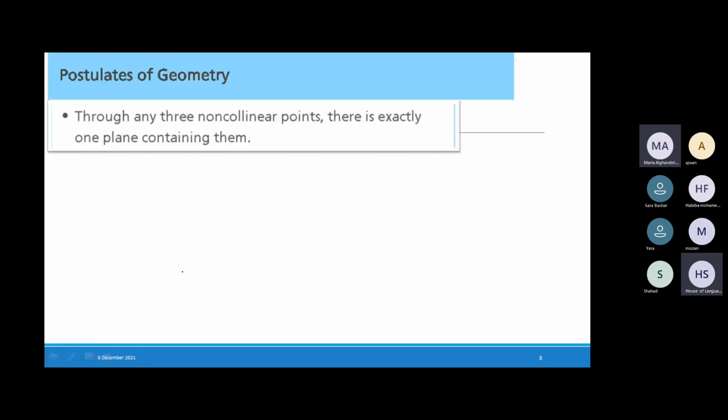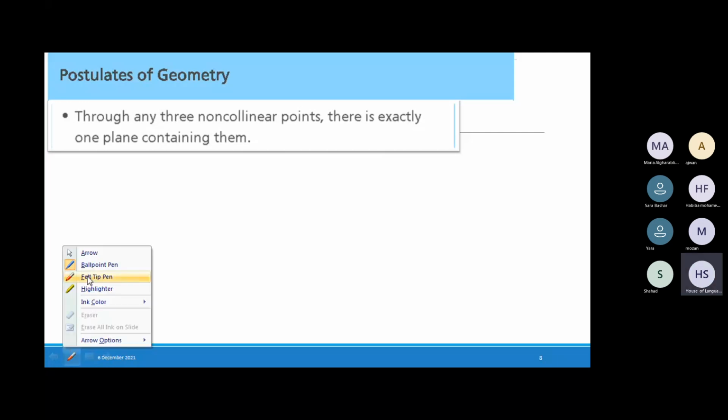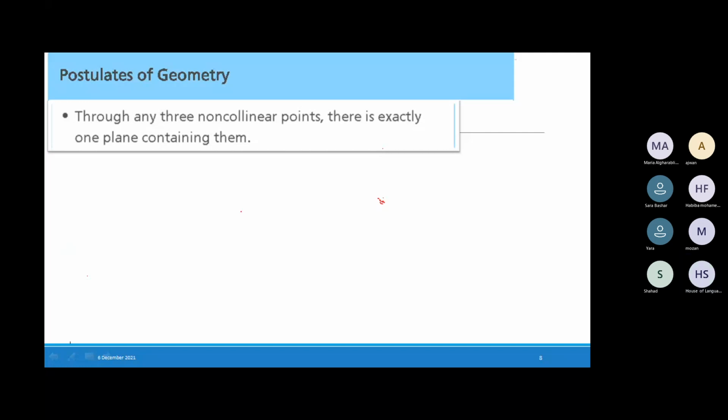Let's continue here now. If you have three coplanar points, one, two, and three.